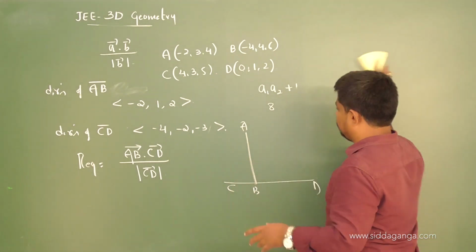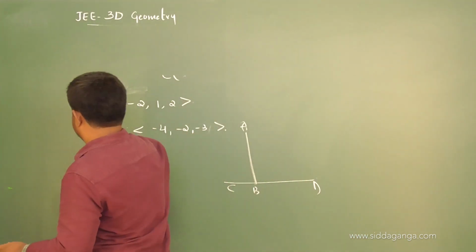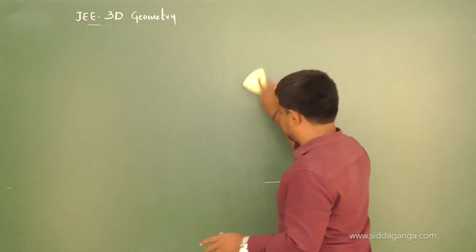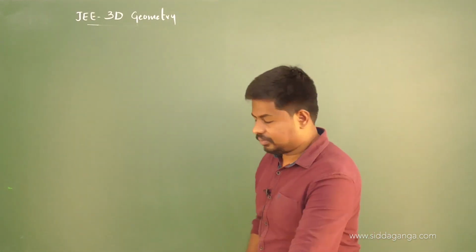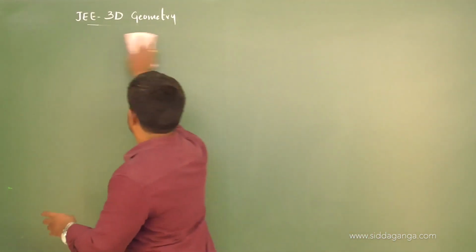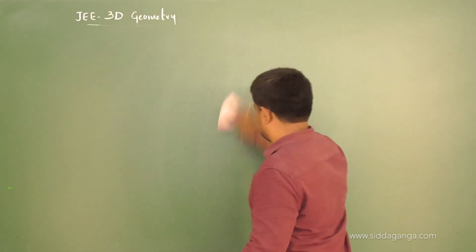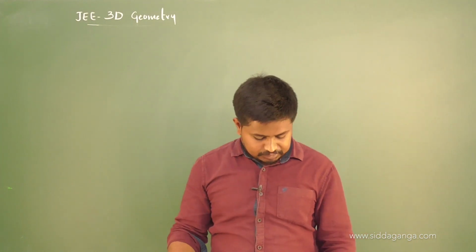So here the angle between the lines is 90 degrees, therefore the projection becomes 0. So option first for the 23rd question.